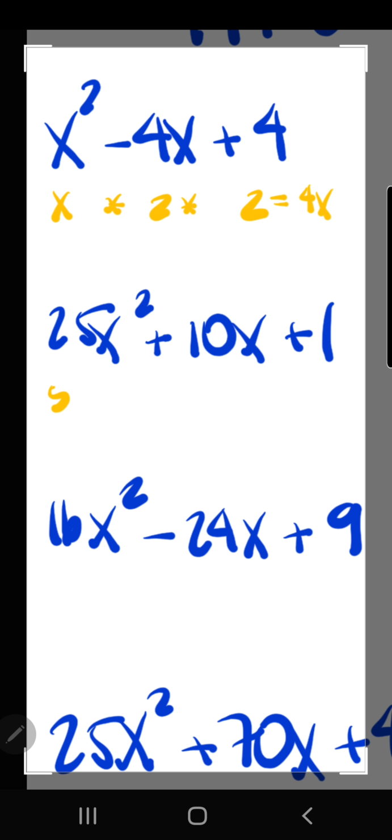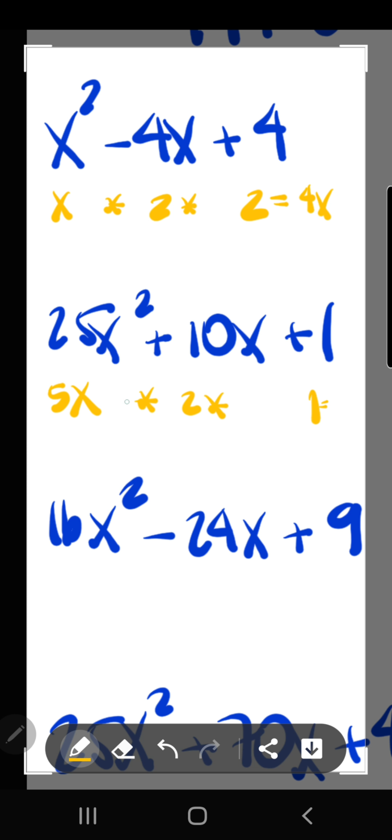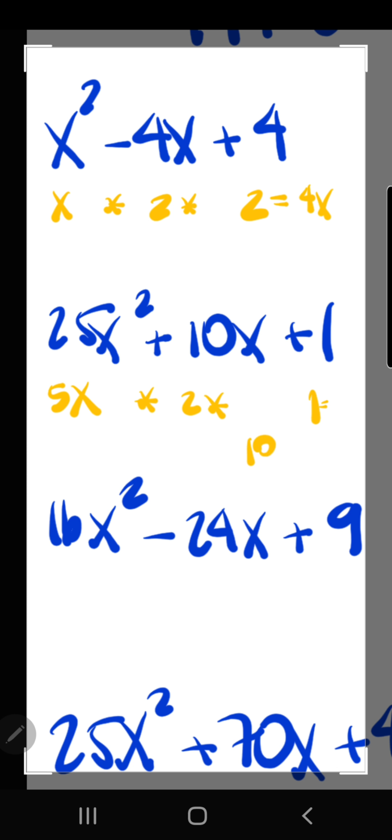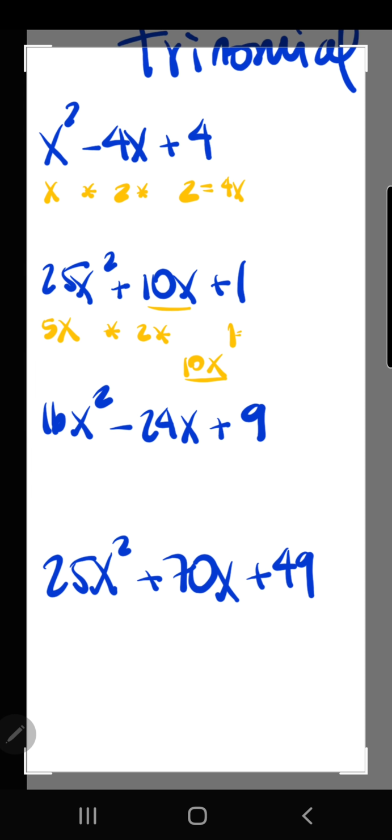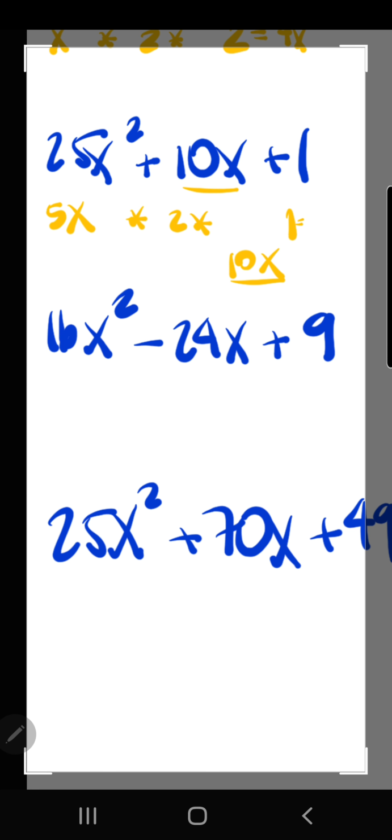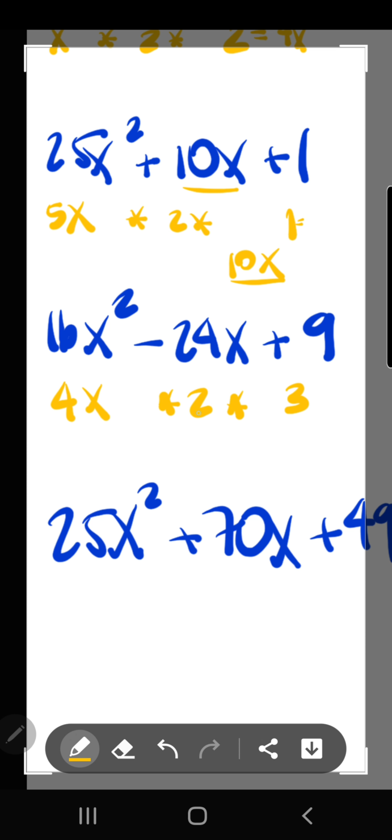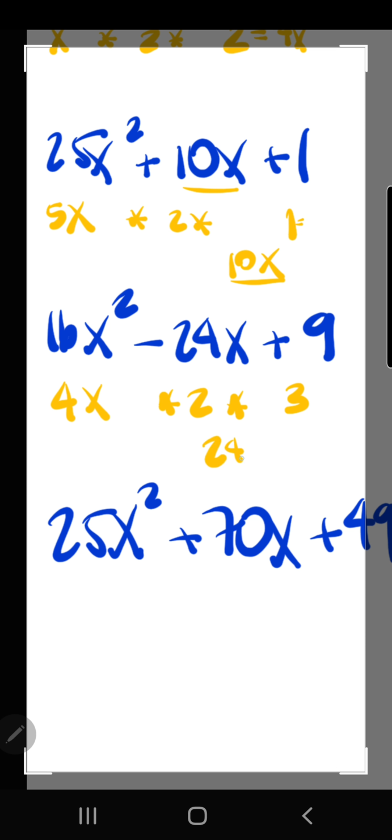Square root is 5, square root is 1, times 2 equals 5x times 2 is 10x times 1 is 10x, which are the same numbers. This is a perfect square. Here we have 4x times 2 times the square root of 9 is 3. 4x times 2 is 8x times 3 is 24x.